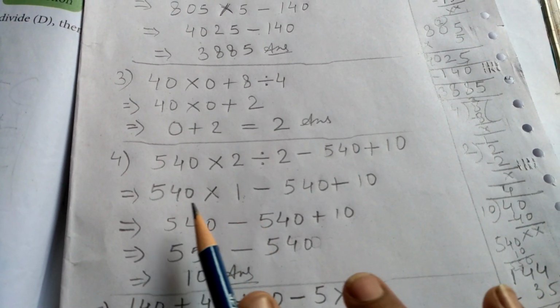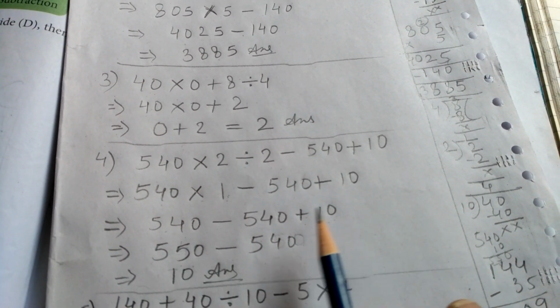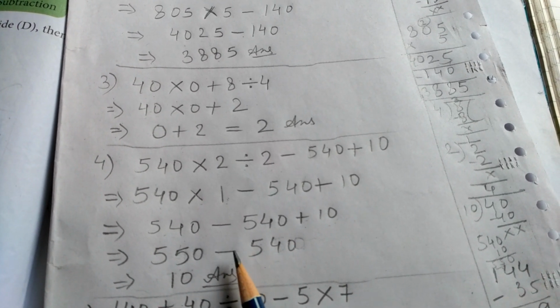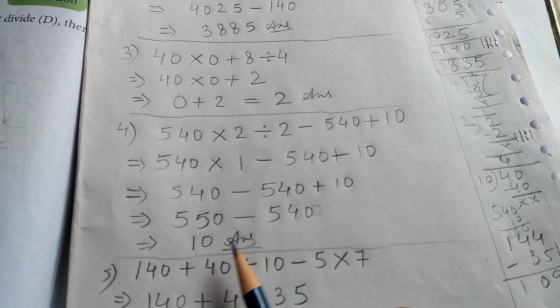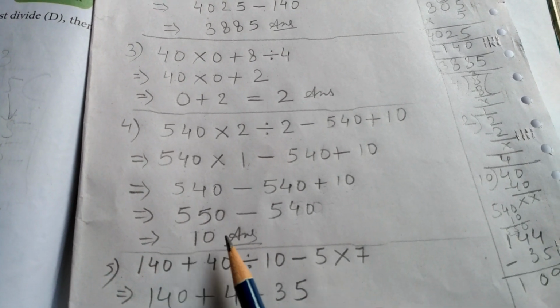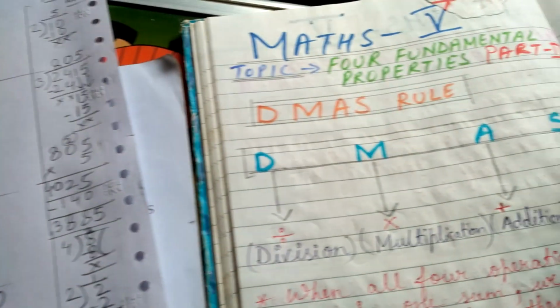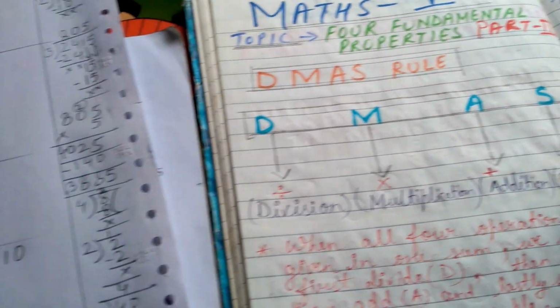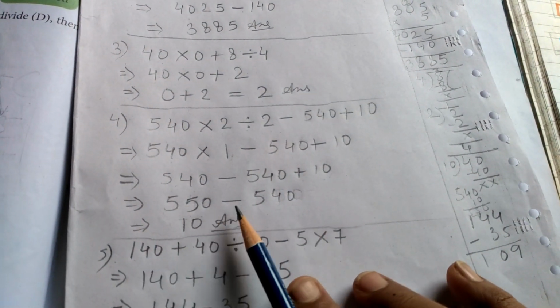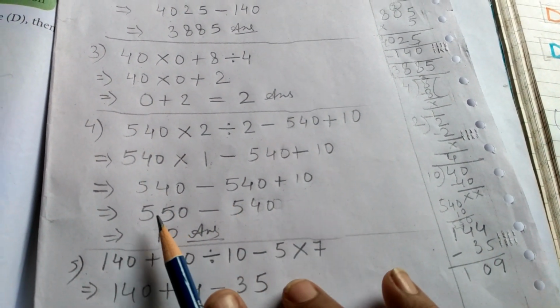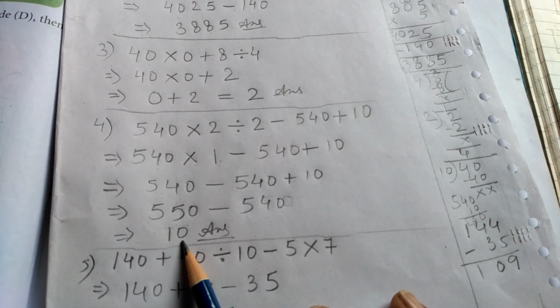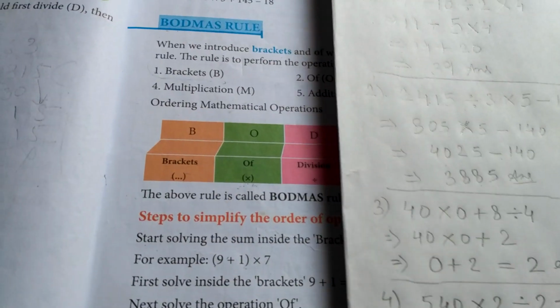Okay. Now I have written 550 for this addition part, and the subtraction sign is written as it is, and 540. Now in the fourth step, we will do the subtraction operation as per the DMAS rule. So 550 minus 540. When 540 is subtracted from 550, the result is 10. Okay, so 10 is the answer.